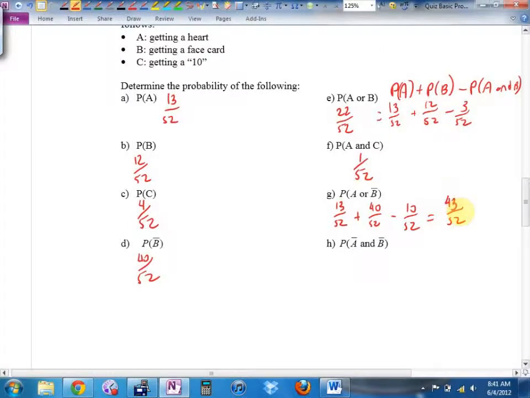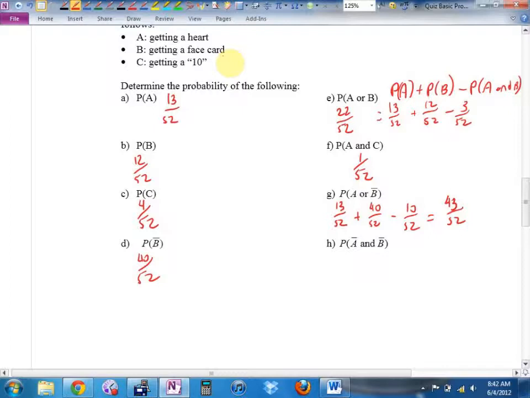H, not A and not B. I'm just going to solve this by counting, I think. No, Mr. Dueck, and means multiply. And means multiply for multiple events. This is one card. This is not a tree. How many cards are not hearts and not face cards? How many cards are not hearts? 39.